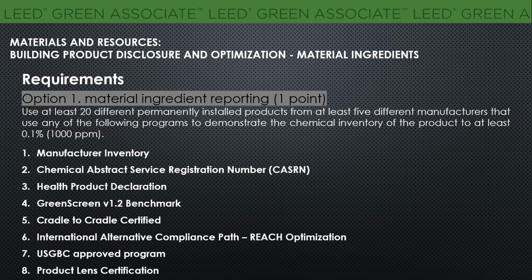Manufacturer inventory, 2. Chemical Abstract Service registration number, 3. Health product declaration, 4. Green Screen version 1.2 benchmark, 5. Cradle to Cradle certified, 6. International alternative compliance path, REACH optimization, 7. USGBC approved program.